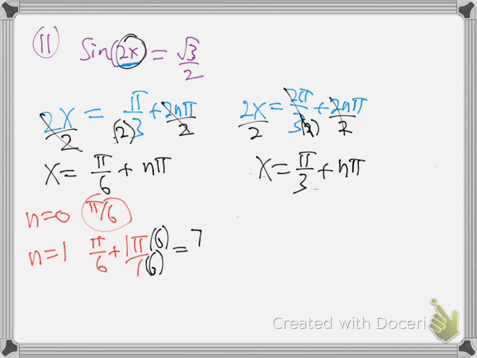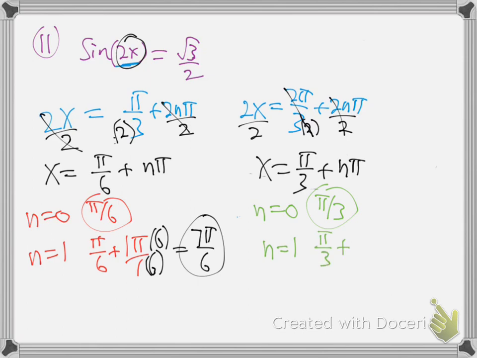And you're going to get 7 pi over 6. And then on the other side, let n be 0. You're going to get pi over 3. And let n be 1, and you're going to get pi over 3 plus 1 times pi. Put this over 1, multiply top and bottom by 3. And you get 4 pi over 3. Done. Those are the 4 answers.